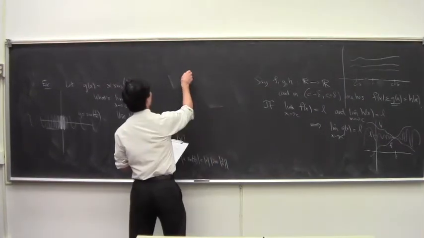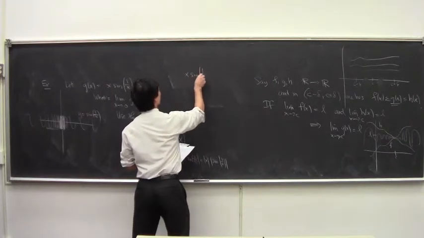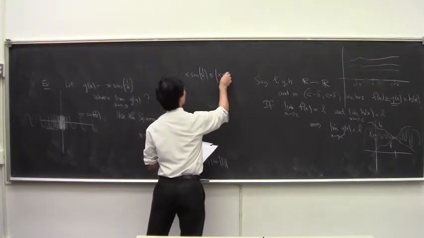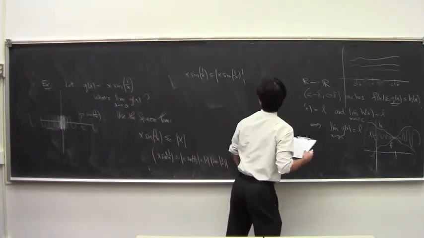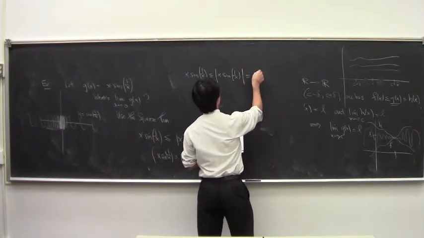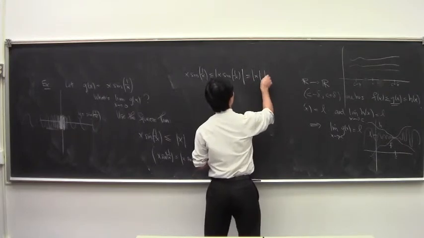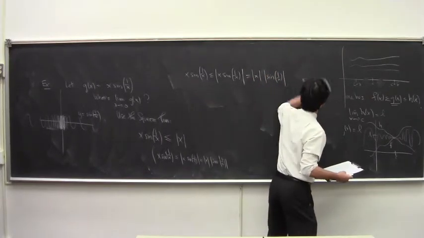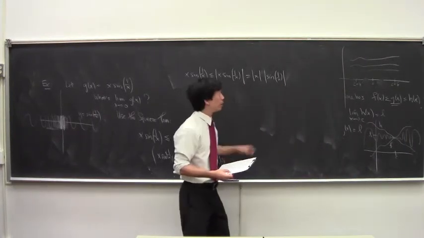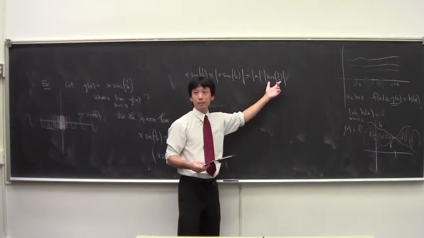So I know that this thing is smaller than its absolute value. The absolute value of a product equals the product of the absolute values. And what do I know about the absolute value of sine?